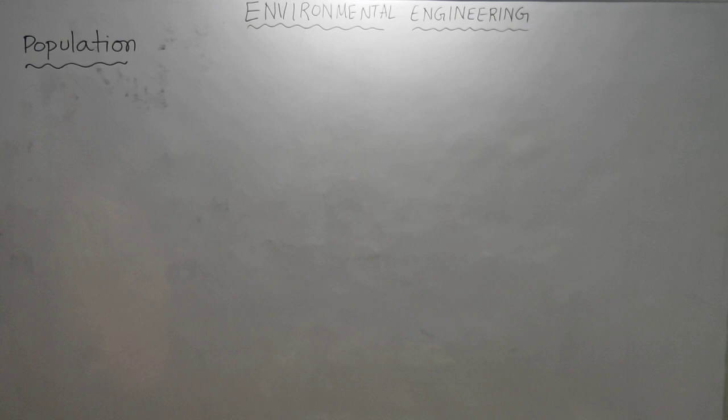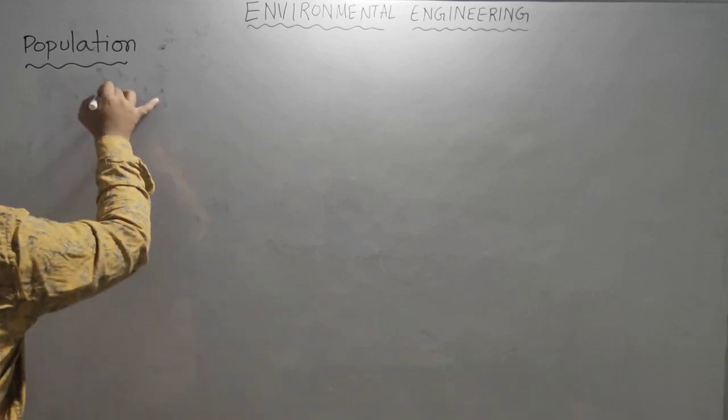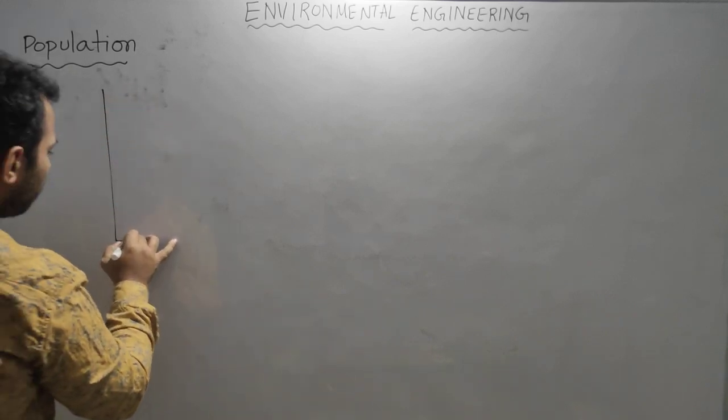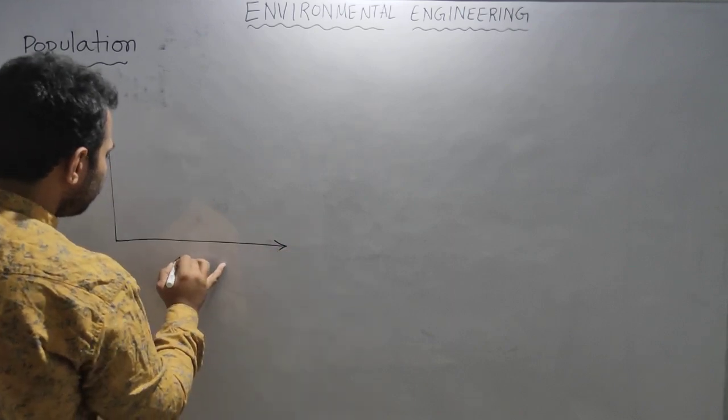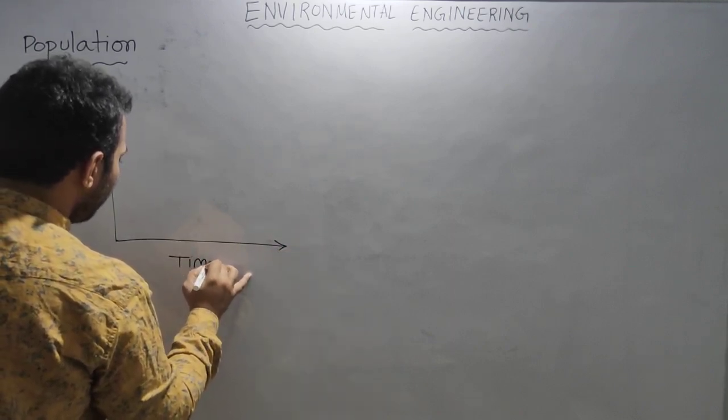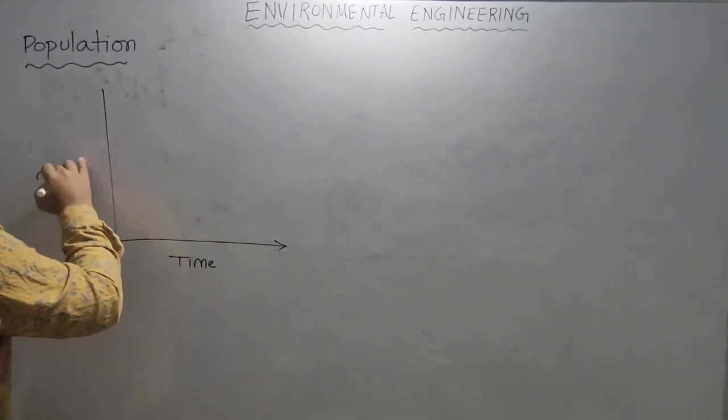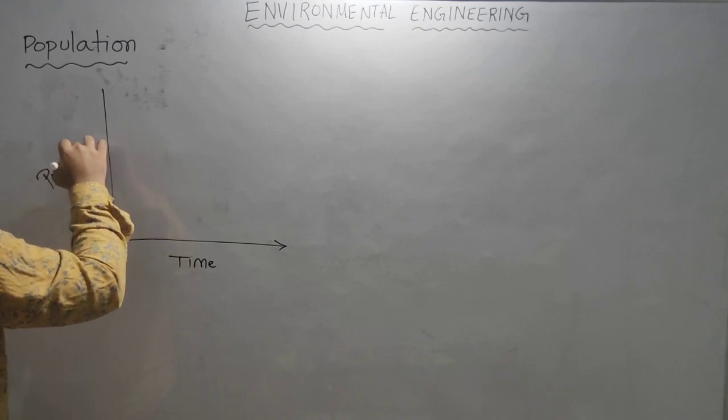See, the population variation can be known from a logistic graph, which is drawn between population versus time. Time on the x-axis, population on the y-axis.